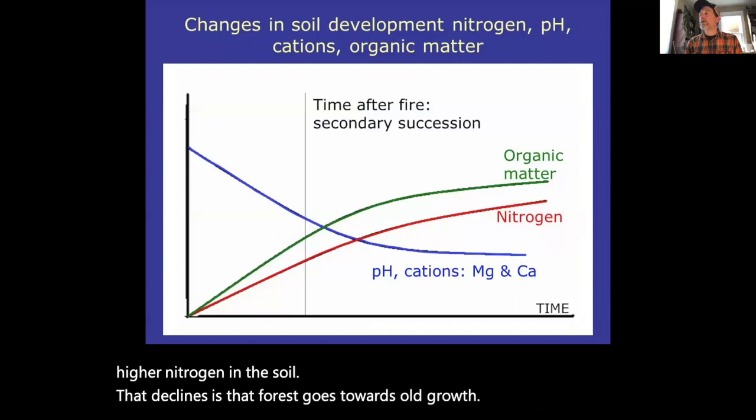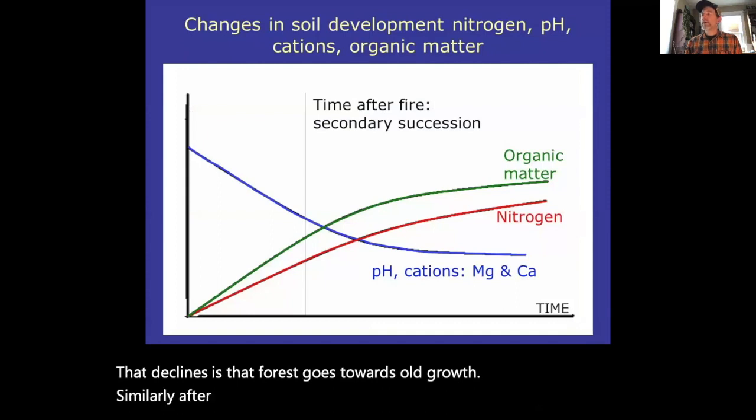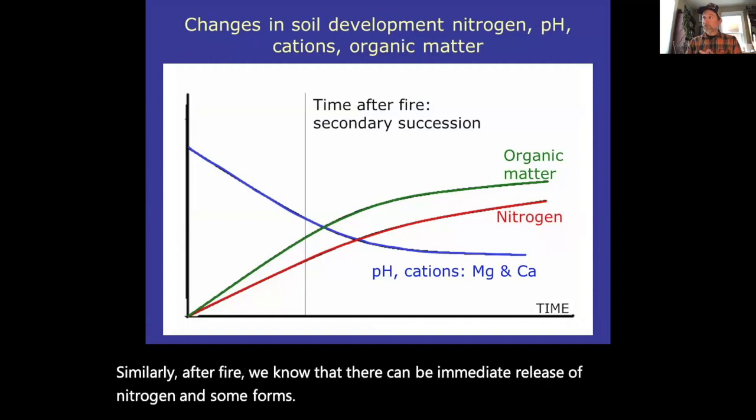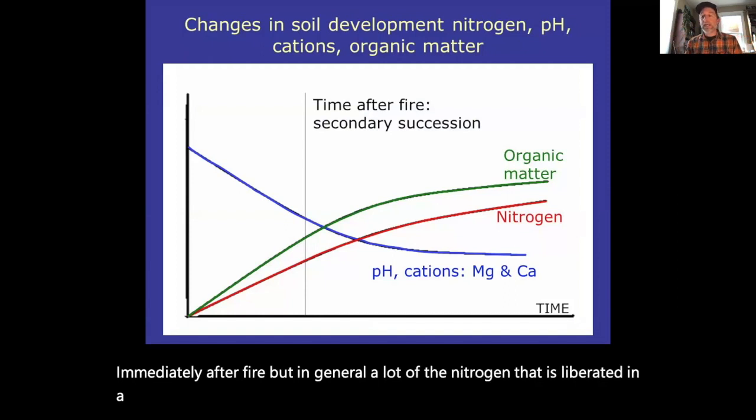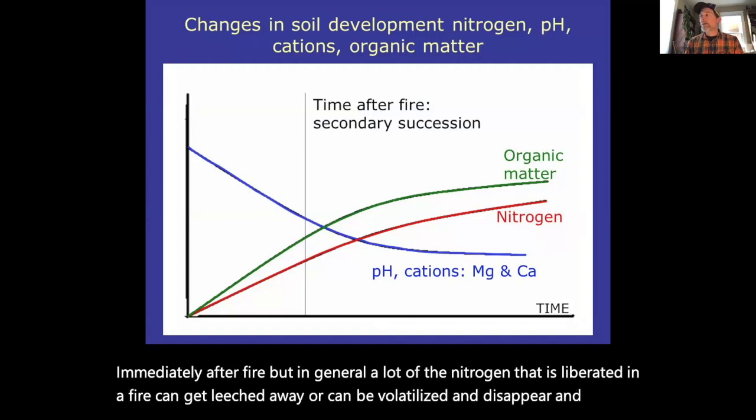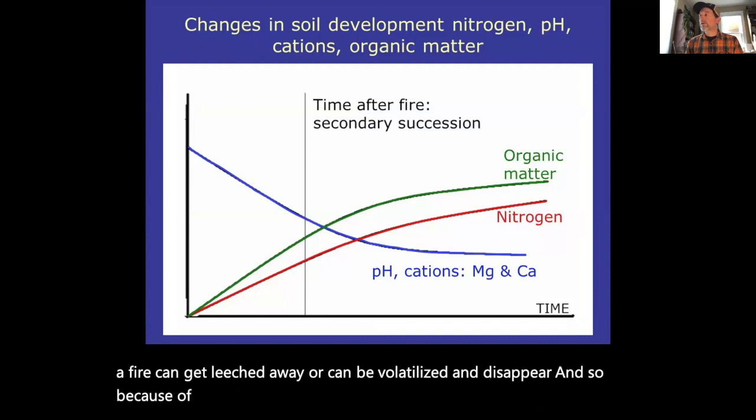Similarly, after fire, we know that there can be immediate release of nitrogen in some forms, but in general, a lot of the nitrogen that is liberated in a fire can get leached away or can be volatilized and disappear. And so because of that, systems generally are expected to increase in nitrogen through time following something like a fire.